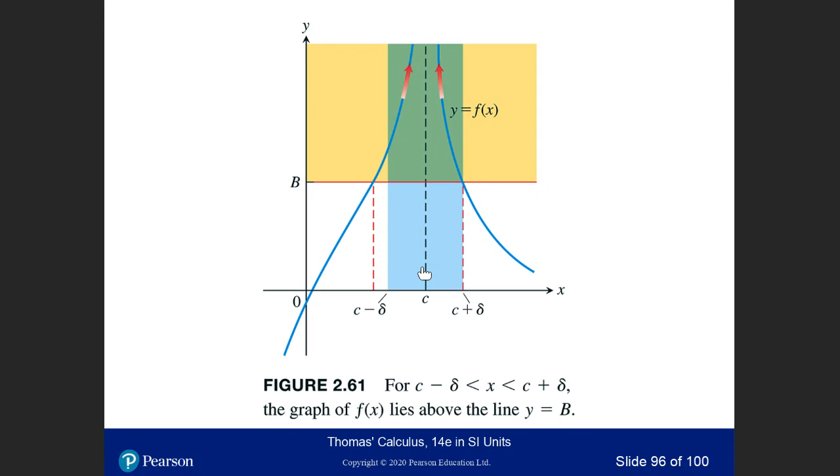Now, the interval on the left is bigger than the interval on the right. But if I choose the interval on the left, I will go here, which will be out of this range. I will not be greater than b, but less than b. So we again choose the minimum here and prove that the limit of my function is infinity.